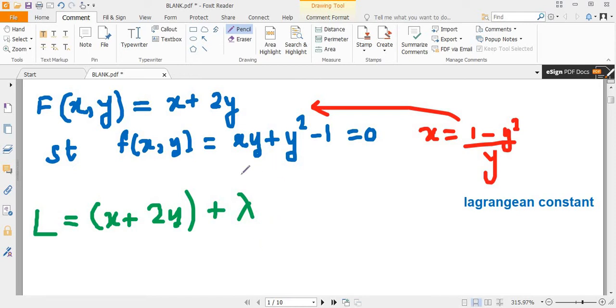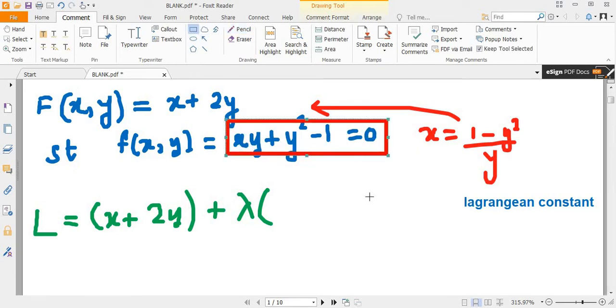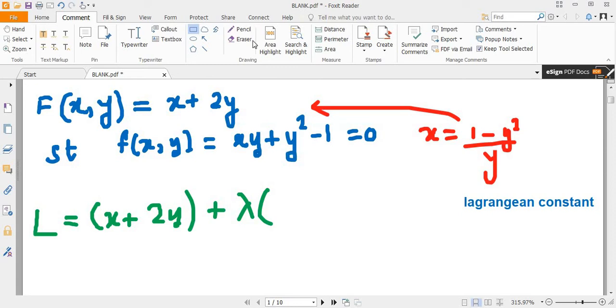It's a Lagrangian constant, and we use this constant to incorporate our constraint into the Lagrangian expression or the Lagrangian function. So now that we have introduced this lambda, we introduce this expression into our new objective function. How do we introduce that?